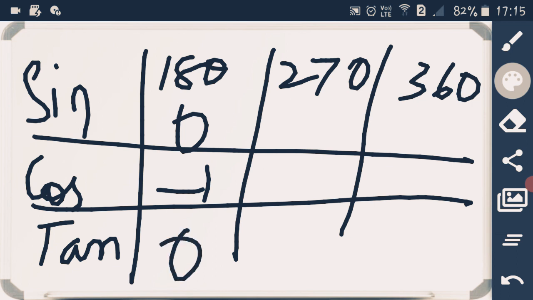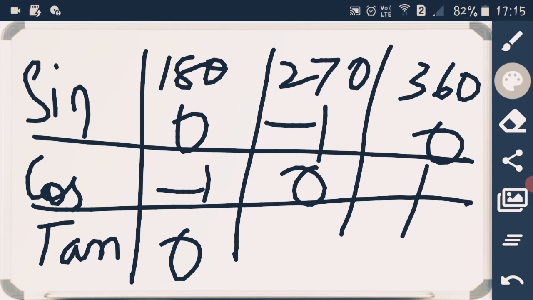Sine 270 is minus 1, sine 360 is 0. Cos 270 is 0, cos 360 is 1. Tan 270 is infinity, and tan 360 is 0. Remember this, these are the things you need to remember.